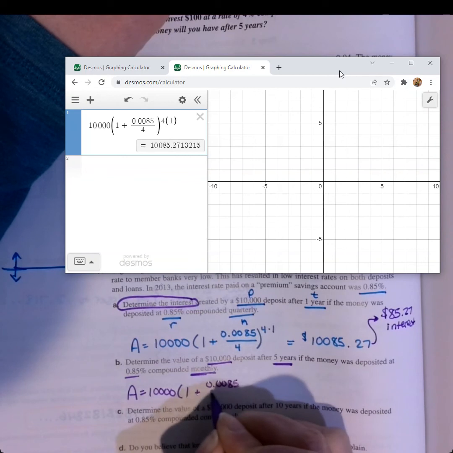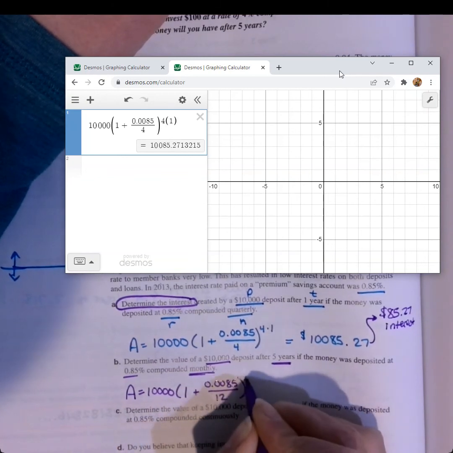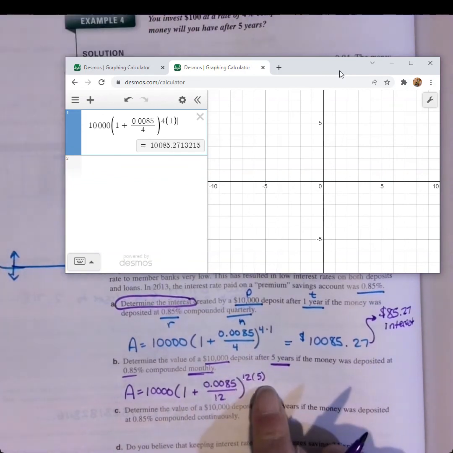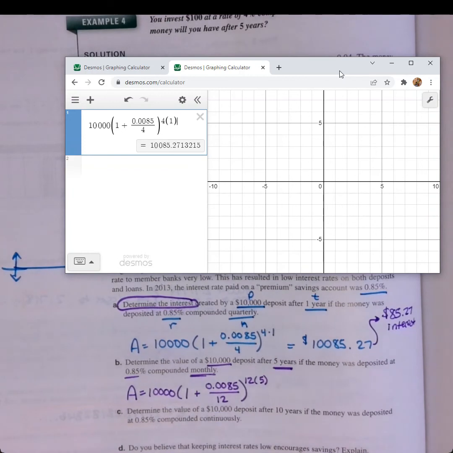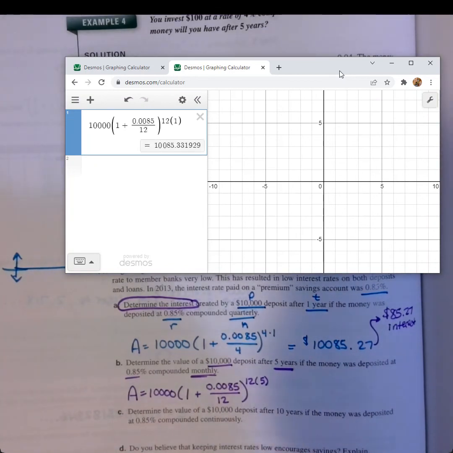We're compounding monthly now, so the number of compoundings is 12. And then to the 12 times 5, because we're going to compound for 5 years. Again, that's not a function, it's just a number. I can take the base of this and just change a couple pieces. I'm going to change the number of compoundings from 4 to 12. I'm going to change that up here as well as 12, and we're going to change the number of years to 5. Everything else remained the same.